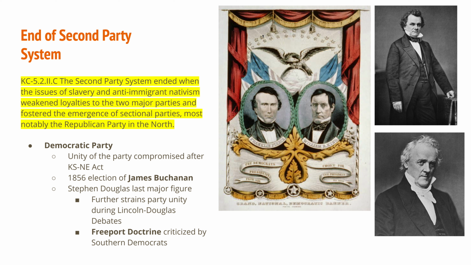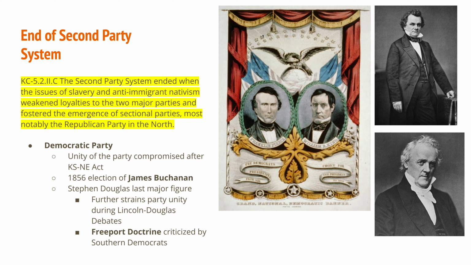In the 1856 election, in order to try and keep the issue of slavery out of the party platform or out of center stage, the Democrats choose James Buchanan, who had been an ambassador to the UK. And since he was seen as separate from the issue, he was a compromise to try and unify the party.